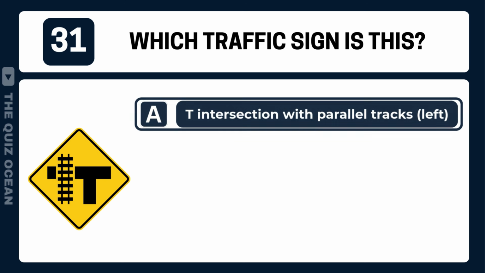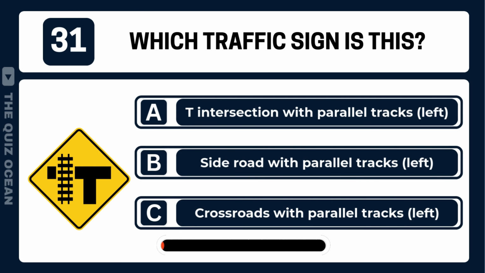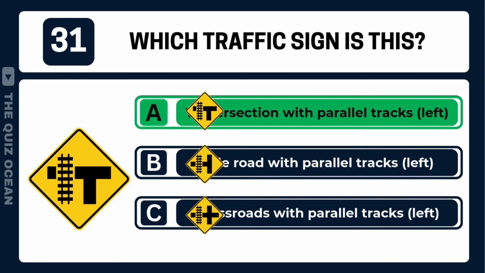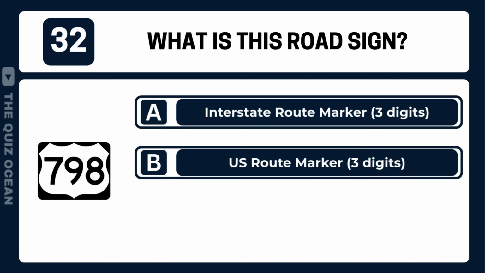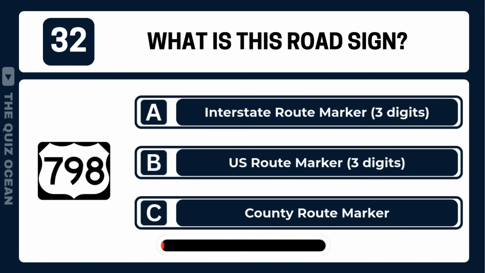Question 31. Which traffic sign is this? The answer is A. T intersection with parallel tracks left. Question 32. What is this road sign?